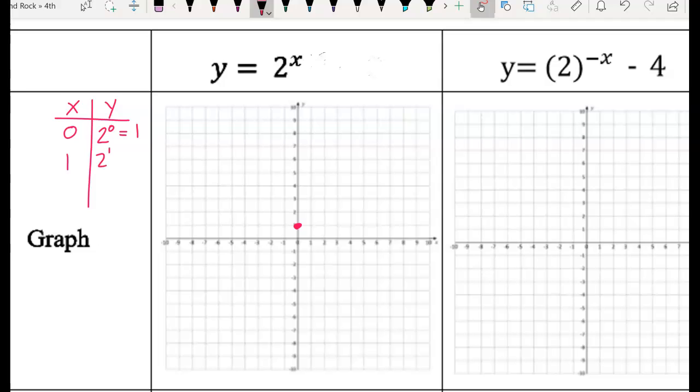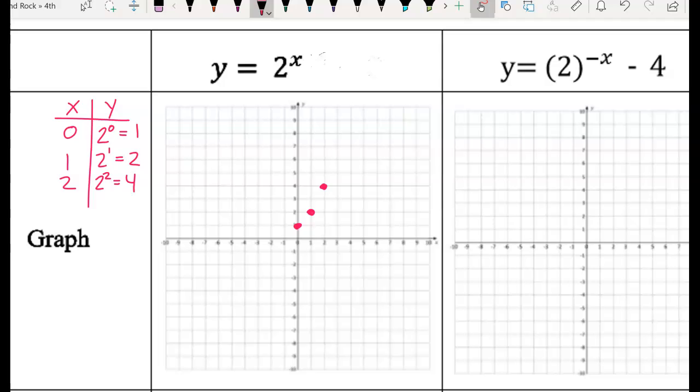When I plug in 1, what do I get? 2. Give me another one. Ooh. 3. That's going to be a hard graph. I would do 2. 2 to the power of 2 is 4. So I'm plotting the point 2, 4. And I think that's good enough in the positive direction.